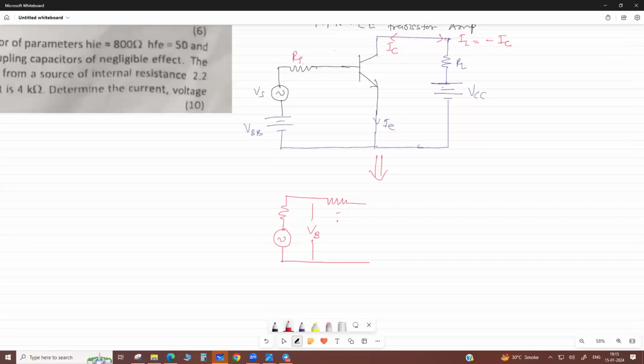Then here is a voltage source with the hybrid parameter HRE. Here is a current source, and the parameter is called HFE.